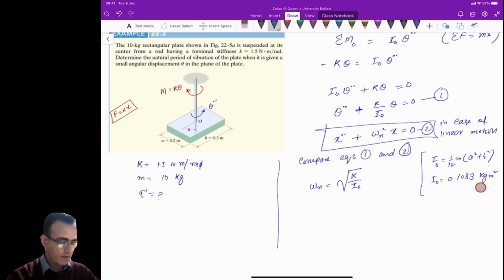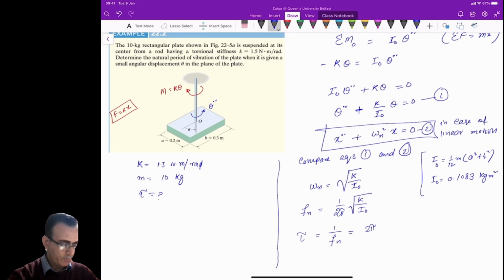Okay, so now you can calculate from here omega n, or you can calculate the natural frequency fn. You will just multiply this by 1 over 2 pi, so it should become equal to 1 over 2 pi times the square root of k over I naught. This is the natural frequency in this case. And you can also calculate tau here. We know that tau is just 1 over fn, which is what we need to calculate here.